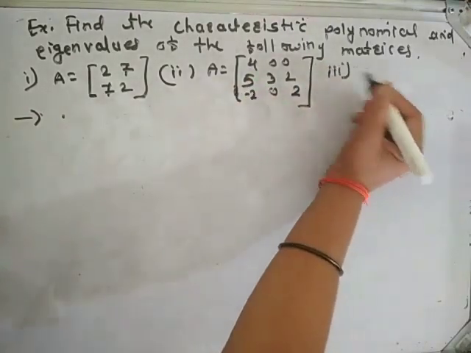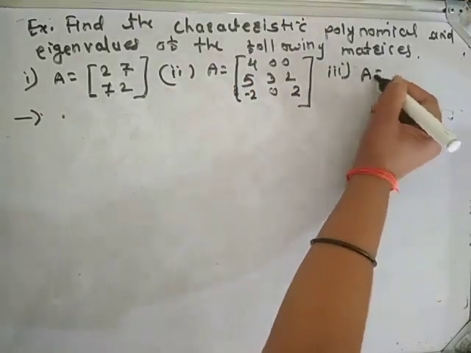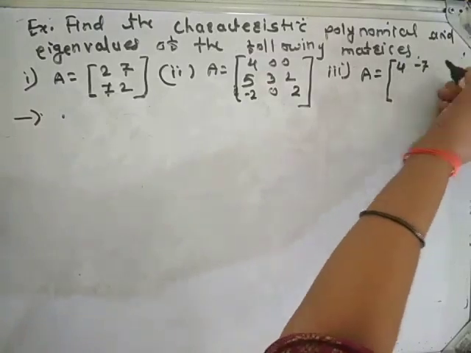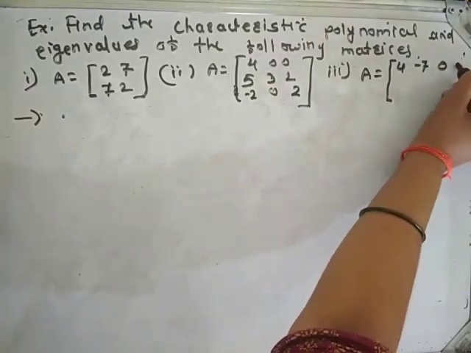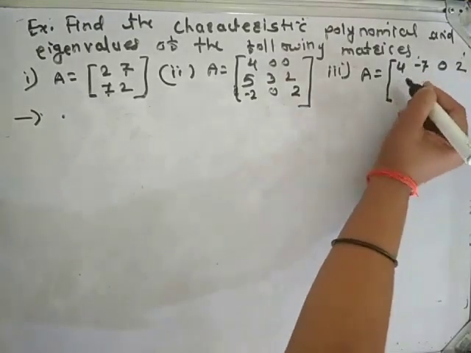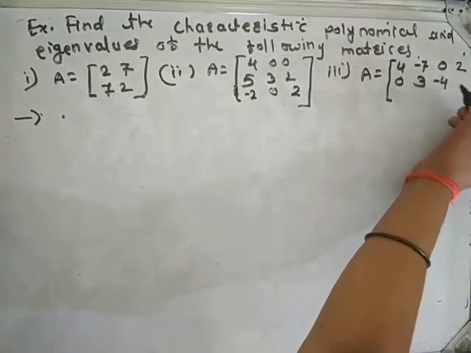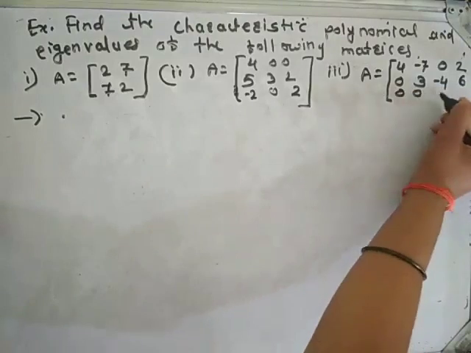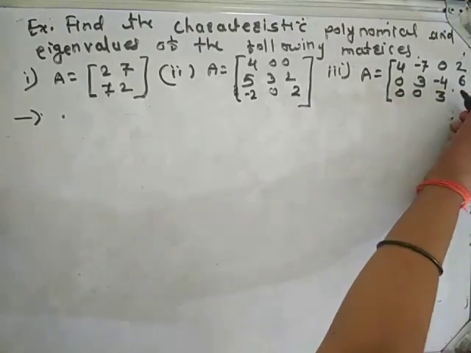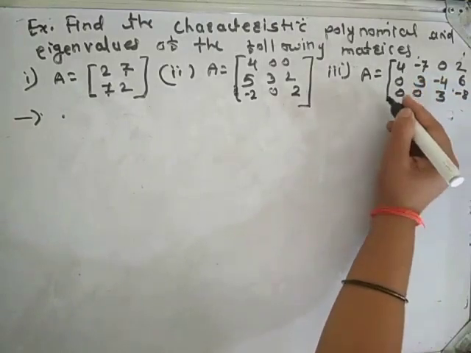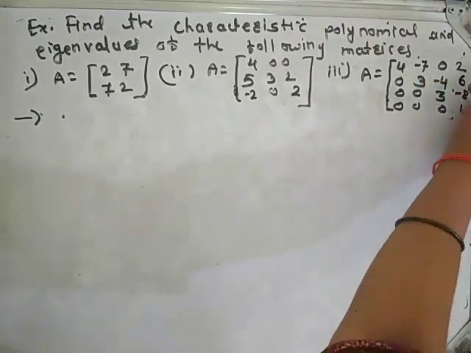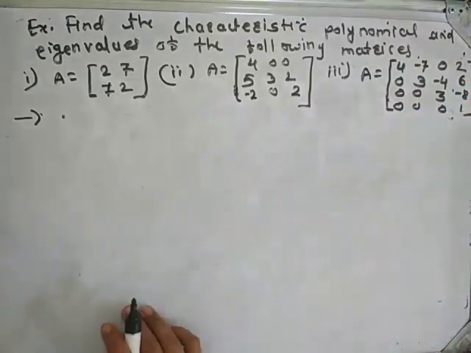Third, A equals matrix 4 minus 7 0 2 0 3 minus 4 6 0 0 3 0 0 3 minus 8, and the last row is 0 0 1.